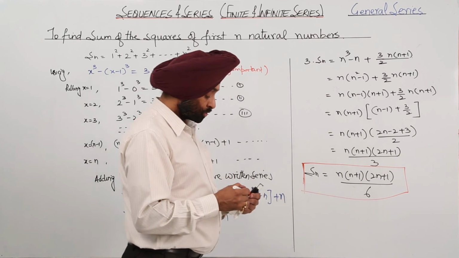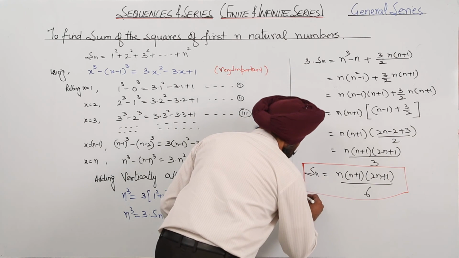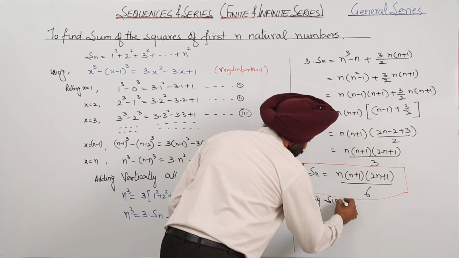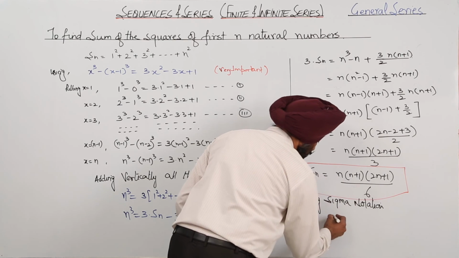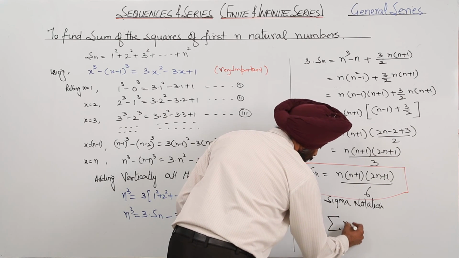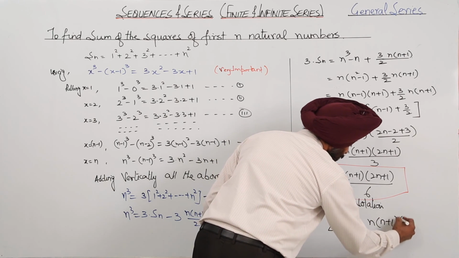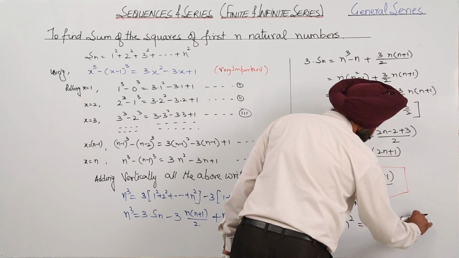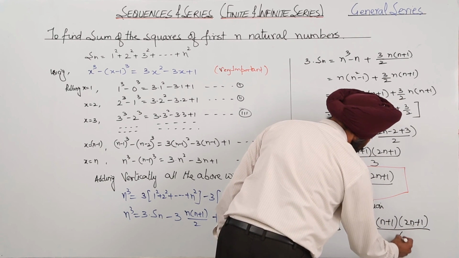Is it clear? Using sigma notation, we can write the summation of n square equal to n times n plus 1 times 2n plus 1 divided by 6.